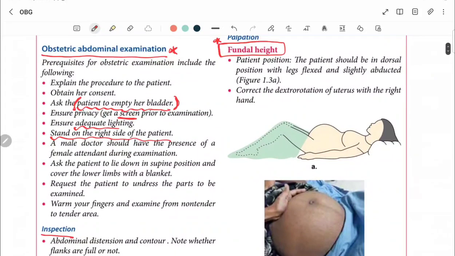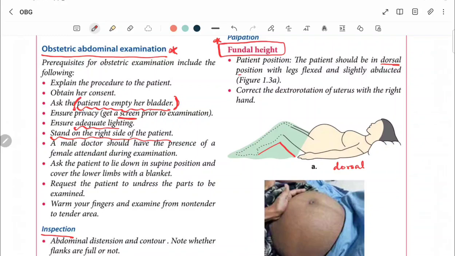First you need to position the patient. The patient should be in dorsal position, with legs flexed and slightly abducted. So this is the position of examination.